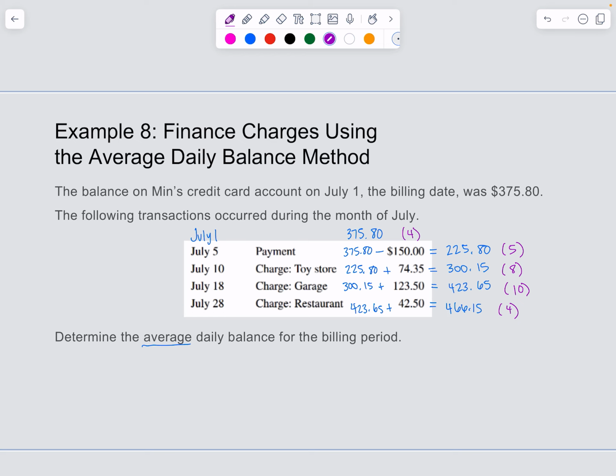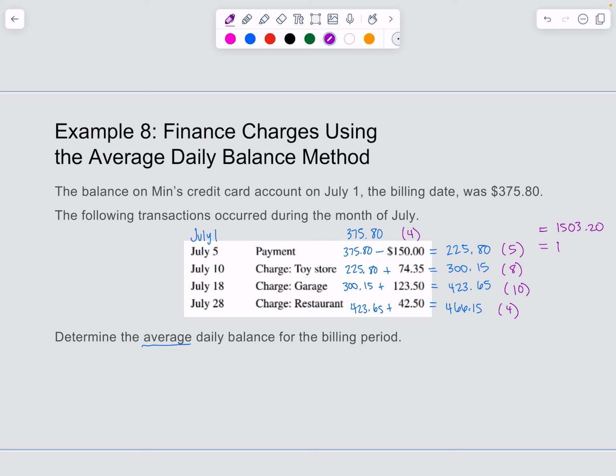And what we do is we multiply those. So for 4 days, it was $375. What is that amount? 4 times $375 gives us $1,503.20. We multiply $225.80 times 5.